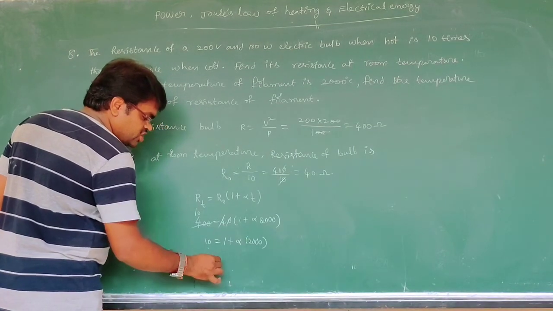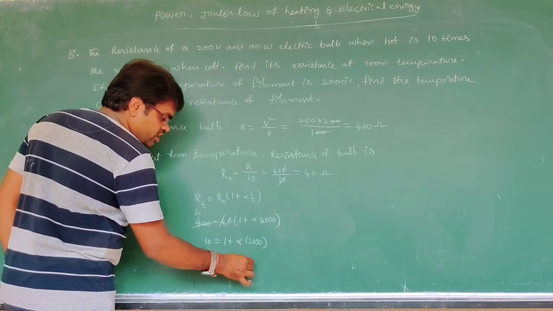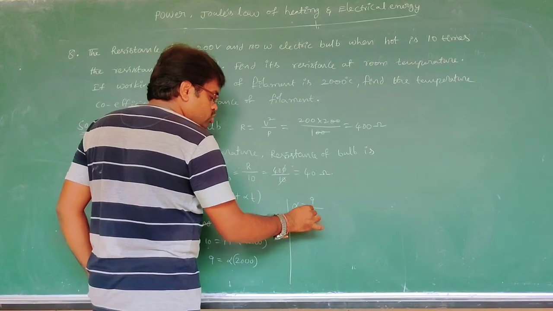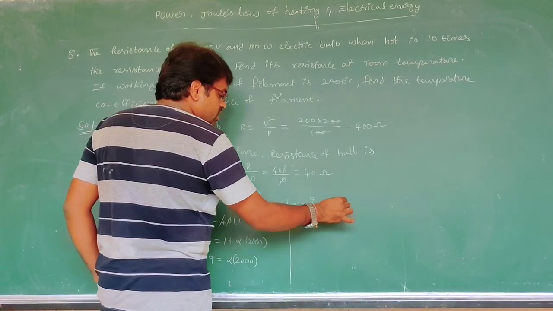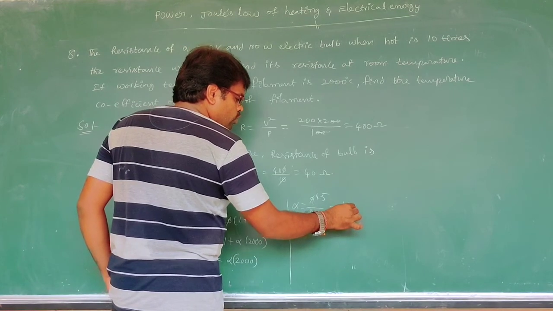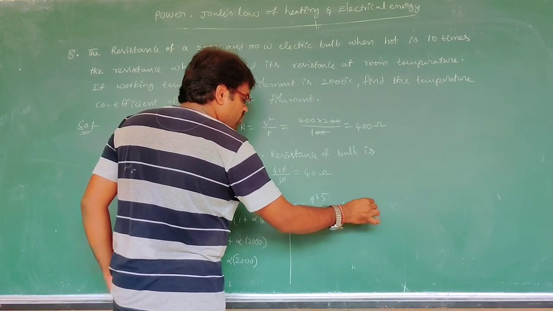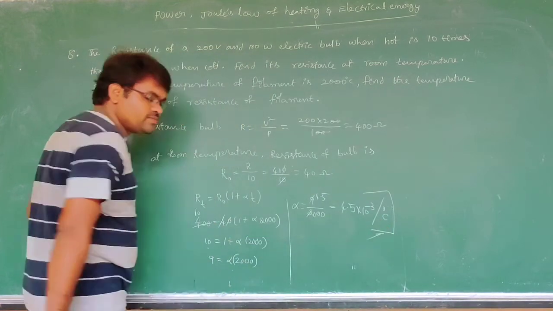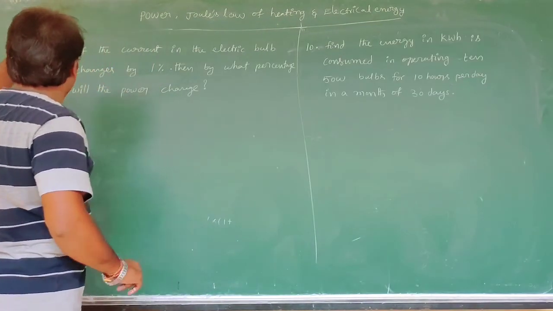That is 9 is equal to alpha into 2000. Then alpha is equal to 9 by 2000, that is simply 4.5 into 10 to the power of minus 3 per degree Celsius.